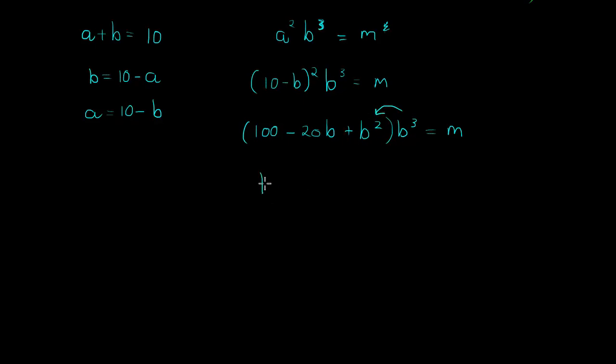So b^5 minus 20b^4, and then plus 100b^3. Why did I multiply in?